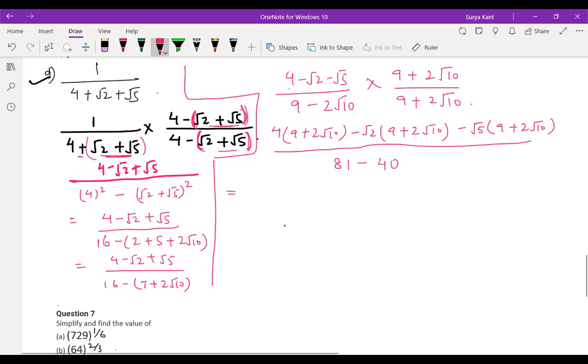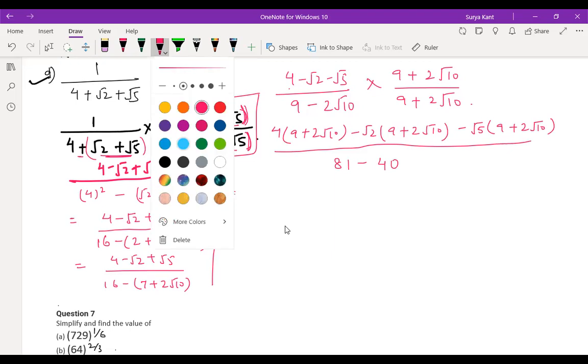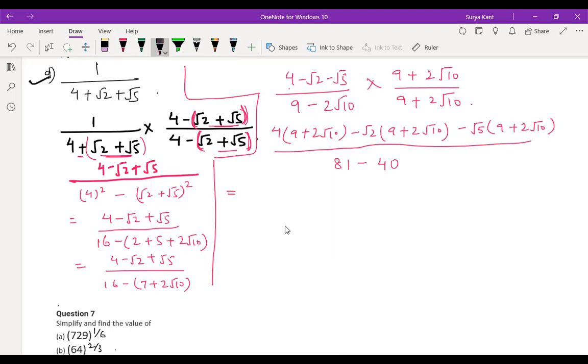Then again what you can do, write 4 nines are 36 plus 4 twos are 8, 8 root 10 minus 9 root 2, minus 2 root 20, minus 9 root 5, minus 2 root 50, whole divided by 41.